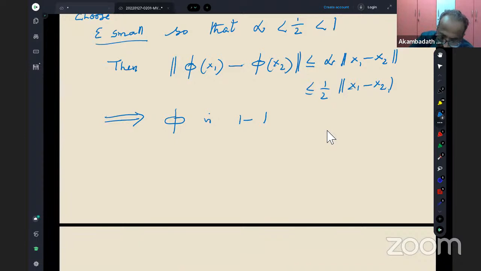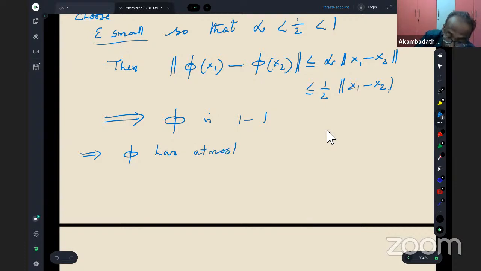More than that, it implies phi has at most one fixed point. That's the meaning, right? It cannot have two solutions now. At most one fixed point. You see that immediately?